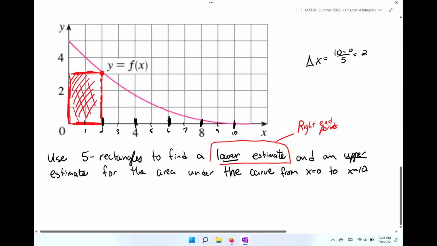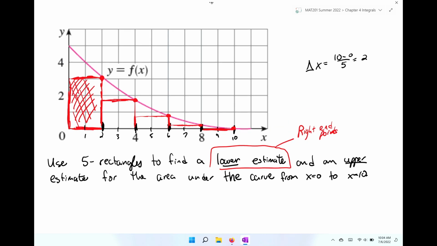So here's my first. Here's my second. Here's my third. Here's my fourth. And there's my 5th rectangle right there.